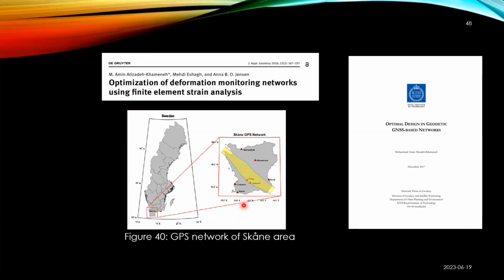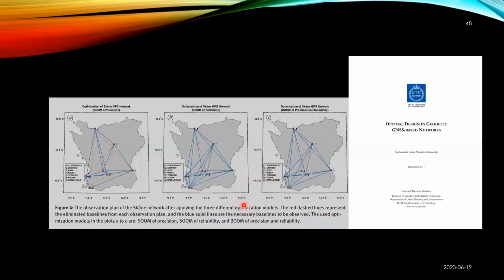I wanted him to go to the strain and the finite element model, and from the finite element model estimate the strain error and try to optimize the network based on the strain error, not the position error. So he concluded that with these three scenarios of optimization, he came to a good accuracy for the strain.